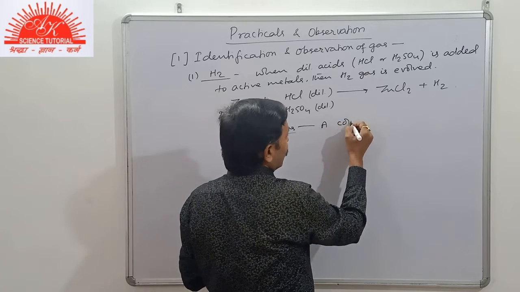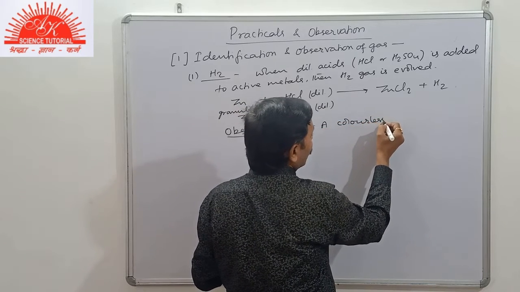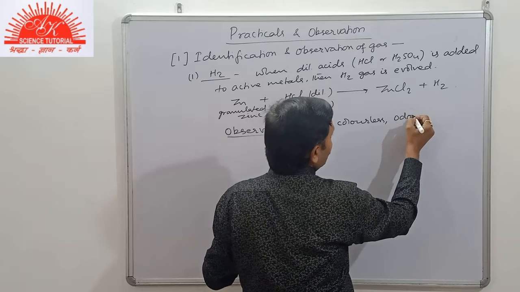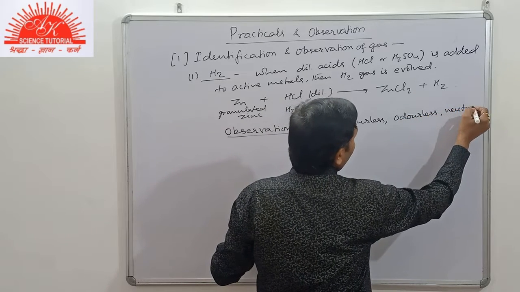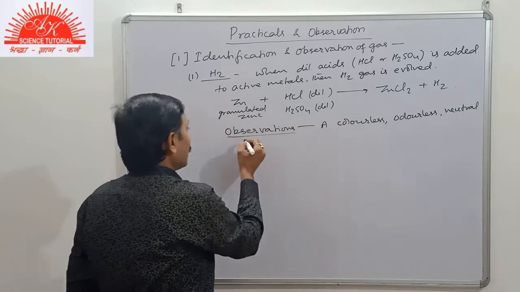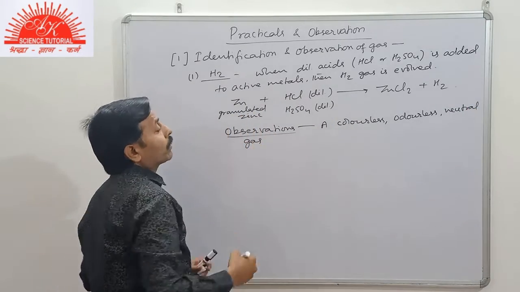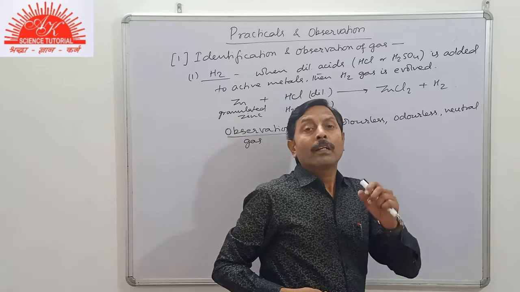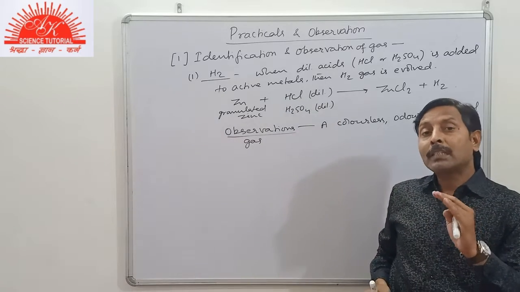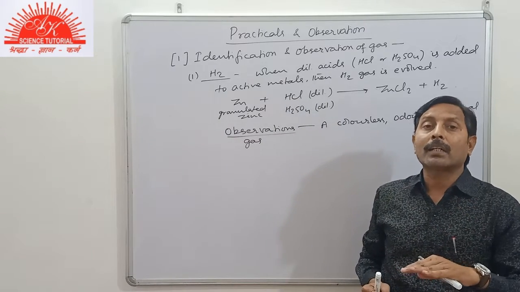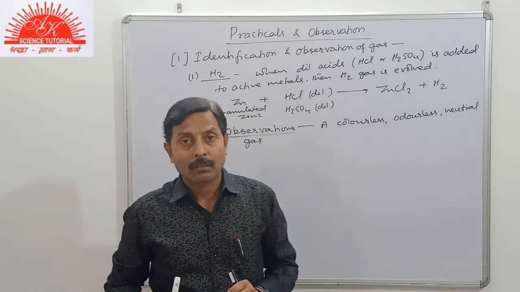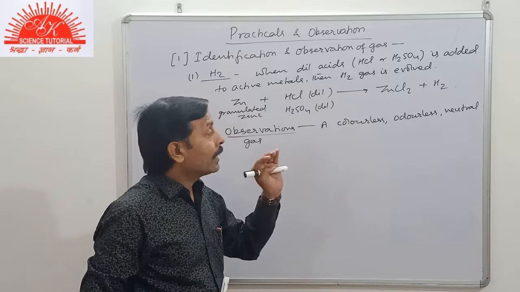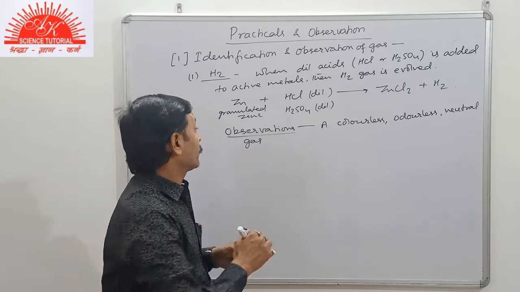A colorless, odorless, neutral gas. Now you see, we use the term neutral gas. Neutral gas means it will have no effect on litmus paper or litmus solution. It means it is neutral in nature.